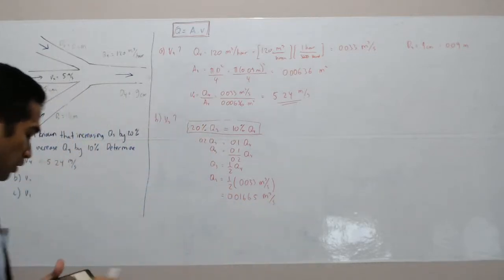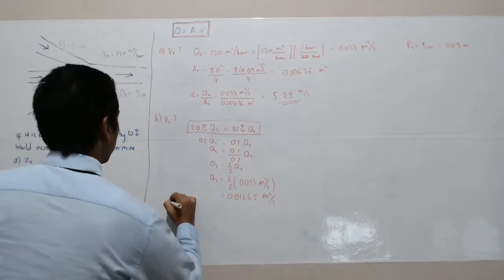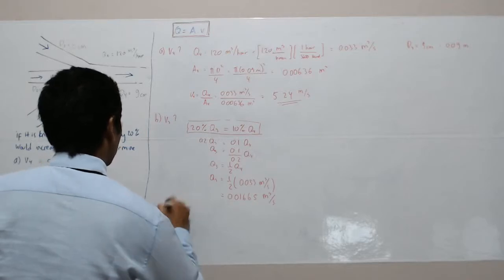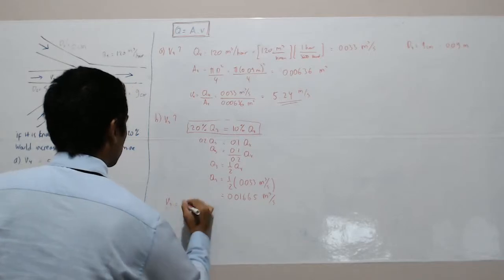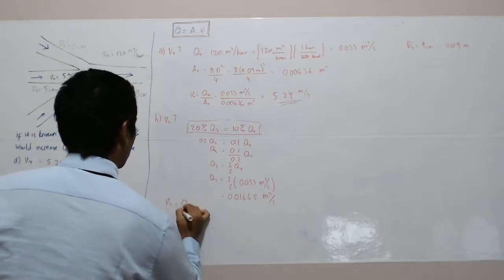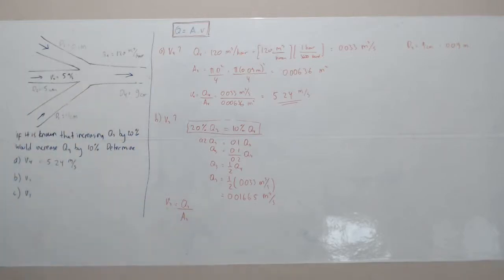Now we have all the information to calculate the velocity of the third pipe. So v3 is equal to Q3 over the area of the third pipe.